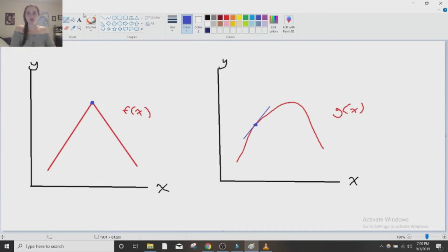If you try and take a tangent line there, where are you going to put it? Because you could put it here, but you could also put it here, but you could also put it here. So you can pretty much put it wherever you want. So really the tangent line doesn't have a slope right there, because it could be any of these slopes.